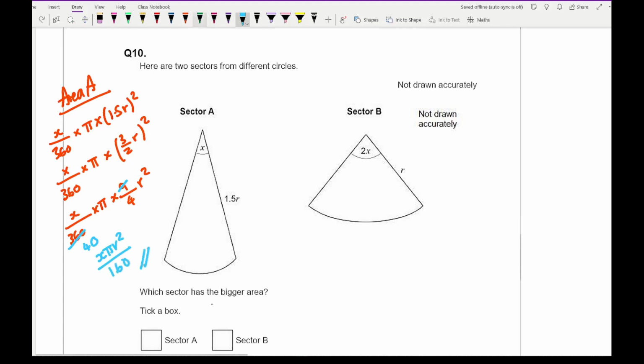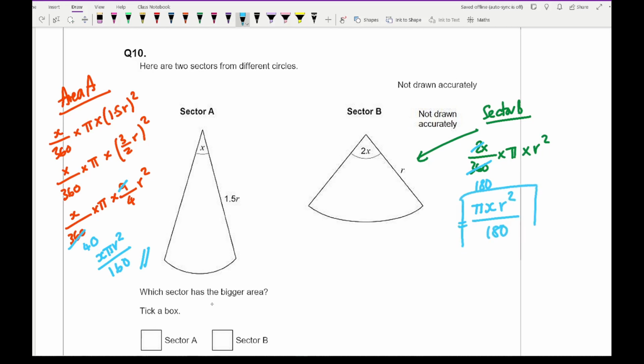Then if I work out the area of sector B, I've got 2x over 360 times pi times r squared. Working this out, I can simplify the 2 and the 360, that becomes 180. So I've got pi x r squared over 180.